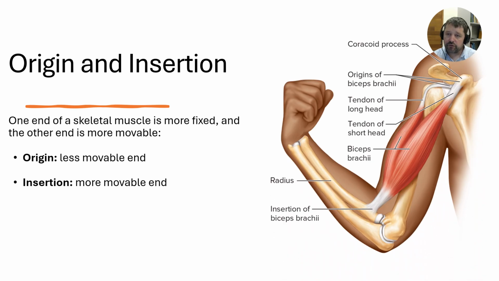So you have an origin of the bicep up near the coracoid process, and that is going to be less movable. The bicep has both a long head and a short head, but that's going to have an insertion on the radius, and that's going to be more movable. So less movable, the origin, more movable, the insertion.